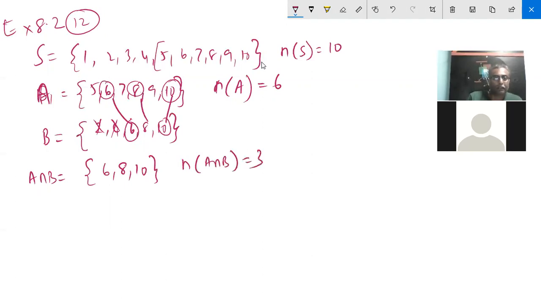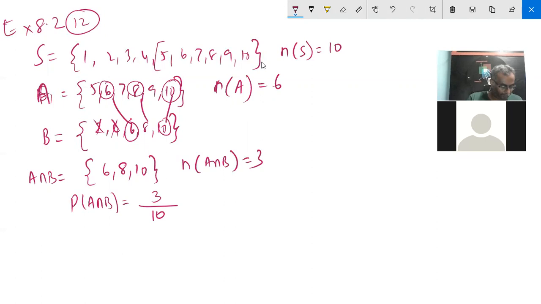Okay. Now, so P of A intersection B is equal to 3 by total N of S is 10. Okay. These are the favorable events, number of favorable events to the total number of events, P of A intersection B. Okay.